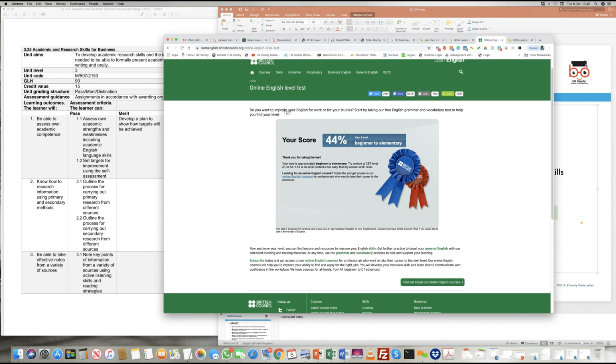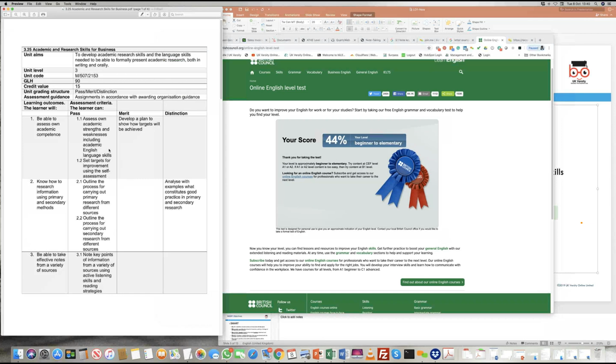So this screenshot is what you have to take. Where should I send the screenshot? This screenshot will be put into your assignment, because when you take a photo of this, you will put it in your assignment, because it will depict your strengths and weaknesses in English language skills. Okay?